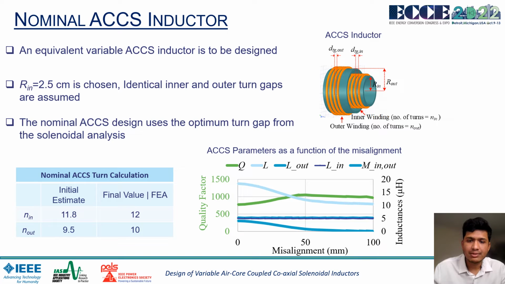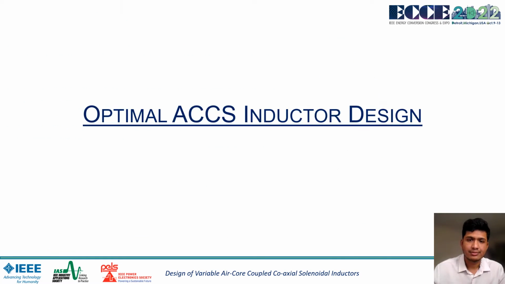And it can be observed that symmetry has been maintained, as the inductance of the inner turns is equivalent to the inductance of the outer turns. And it can be observed that the quality factor of an ECCS is minimum at maximum alignment conditions. In the next section, we'll discuss how to design an optimal ECCS inductor.